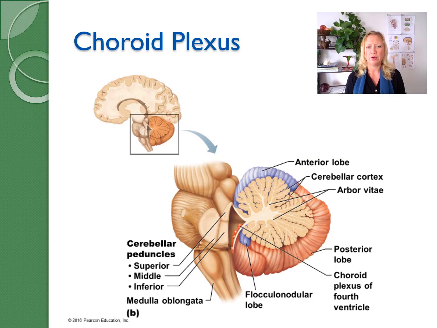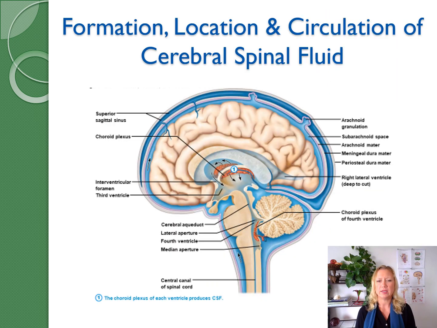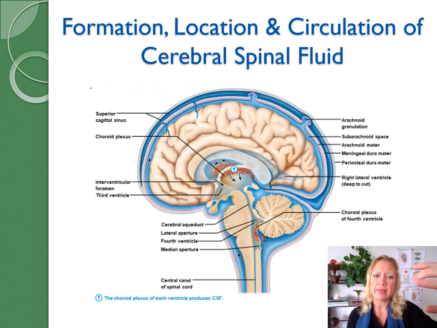Another picture there of your choroid plexus. I like this picture. It's going to give us this kind of play-by-play. You can see at the bottom there number 1, and in the middle there you can see the choroid plexus and that number 1 explaining that.